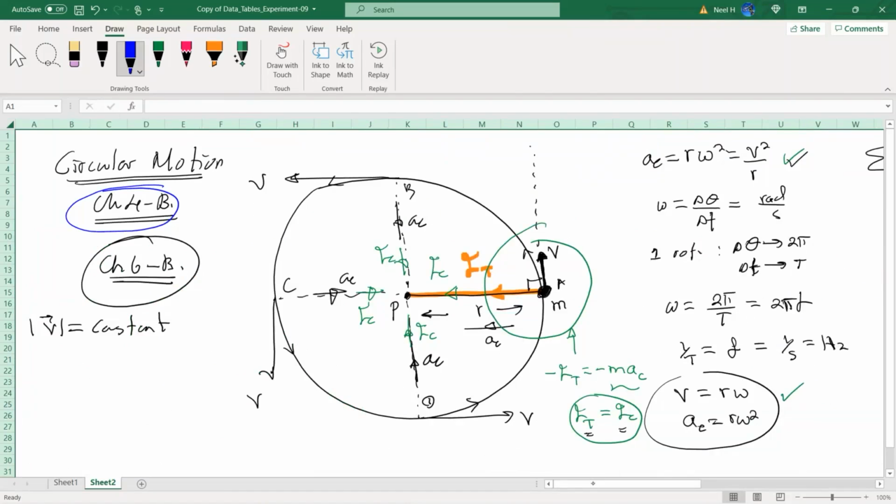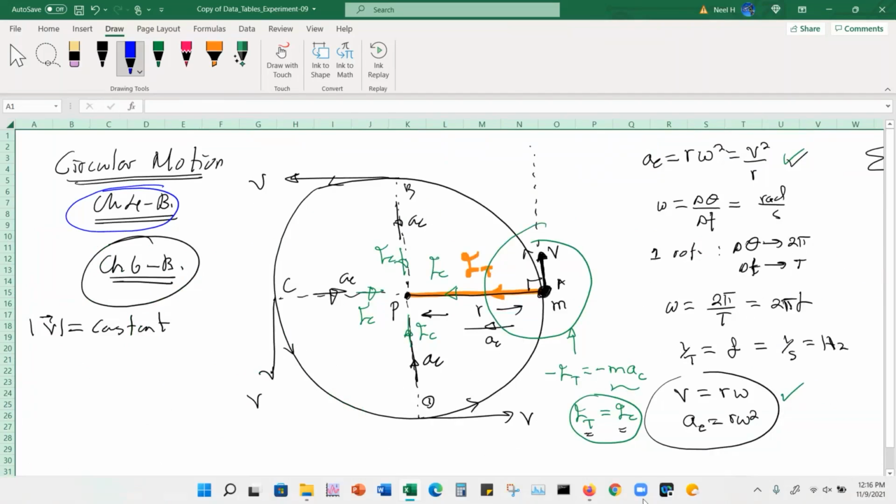This can actually validate all of those basic concepts and principles. That's the plan. It's a very simple experiment, very simple setup, but it's a very useful experiment because almost all the circular principles and angular concepts can be validated very easily. Okay. Any question, guys? Any problem?